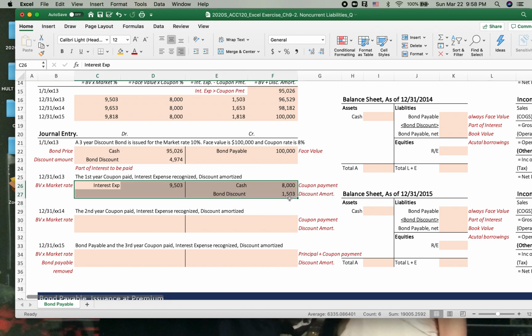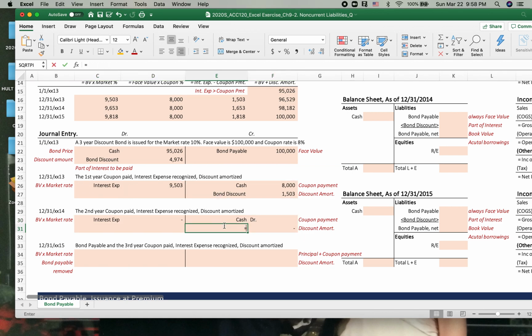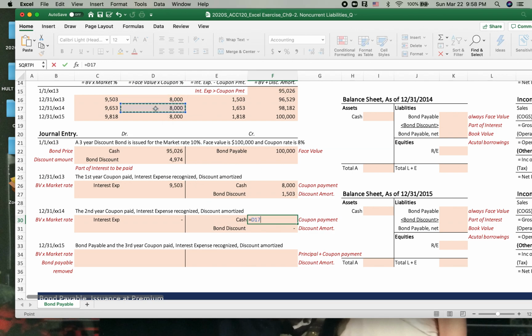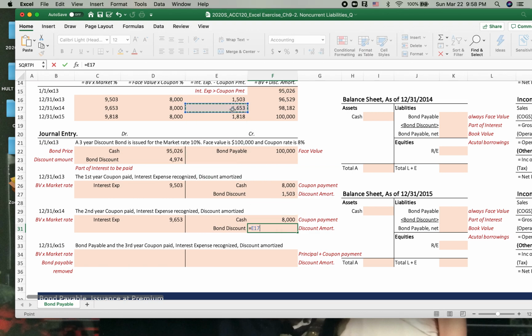One year later, one more time, the cash and the bond discount. How much is the cash out? The same amount, 8,000. And the interest expense, second year, 9,653. And the discount amortization, 1,653.